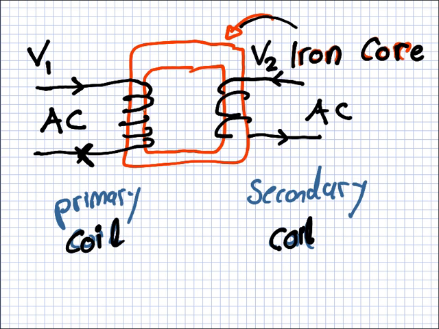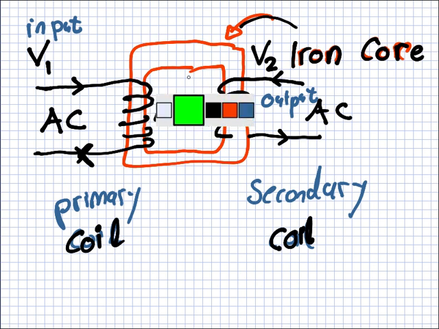Now, this one here is wrapped around N1 times, and this one here is N2 times, and they are different numbers. So what you can do with a transformer is you can take this as an input, and you can get a different voltage out. It changes the voltage. Now, how does this work? We'll explain now.